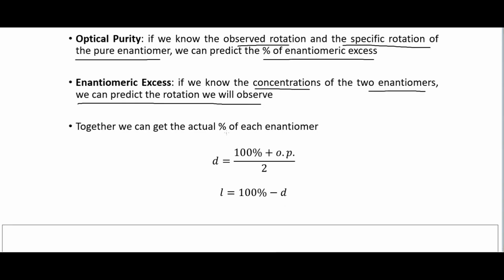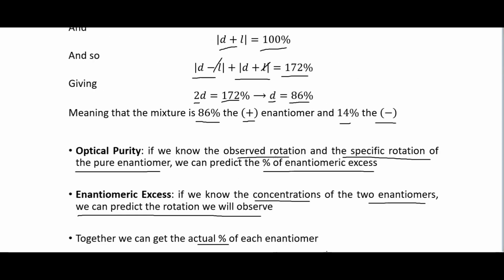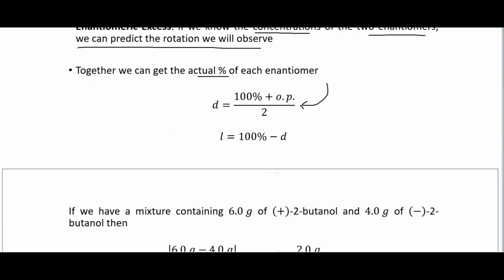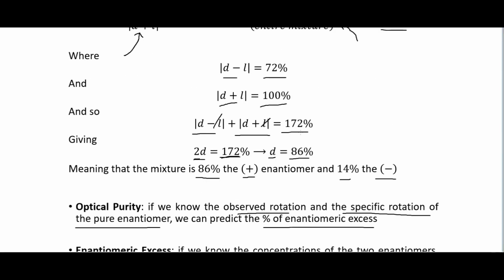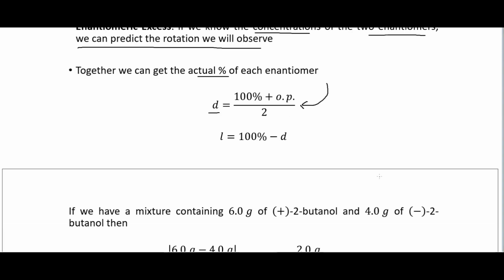So together we can get the actual percent of each enantiomer. This is the one that we used above, where we took this 172, divided both sides by 2, and so we got the D here. And then with the L, we can just take 100% minus that. So that's how I got 86%. So 100% minus 86% is 14%.